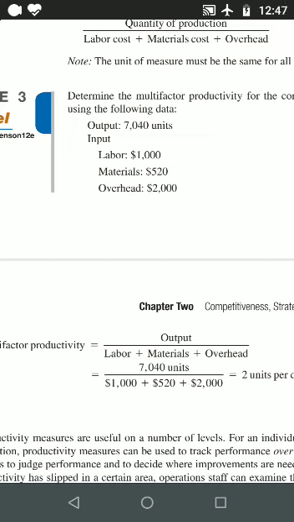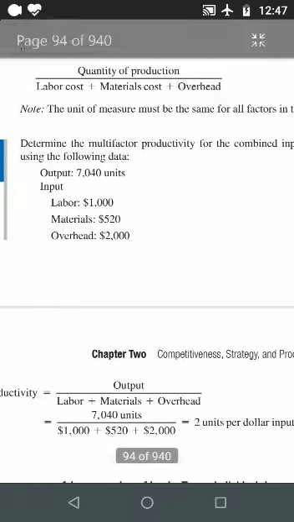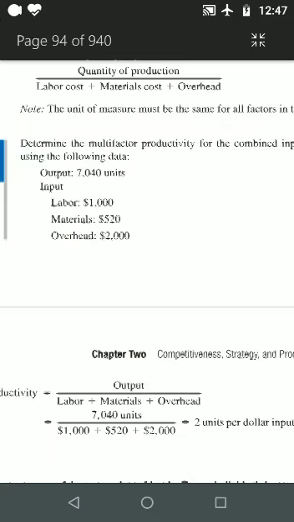If we divide 7040 by 3520, we'll get 2 units per dollar input. So this is how we can calculate the multiple factor productivity.